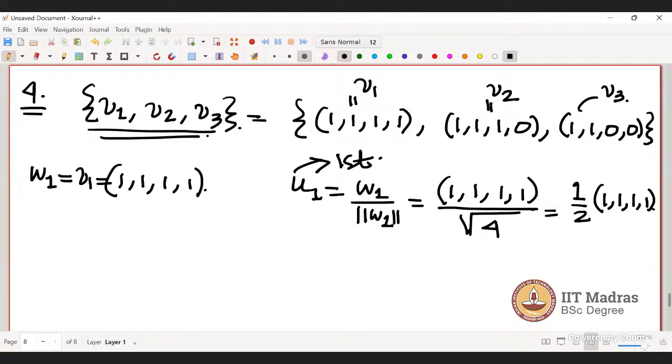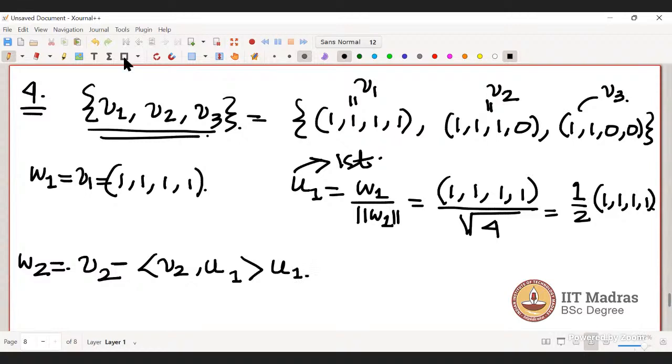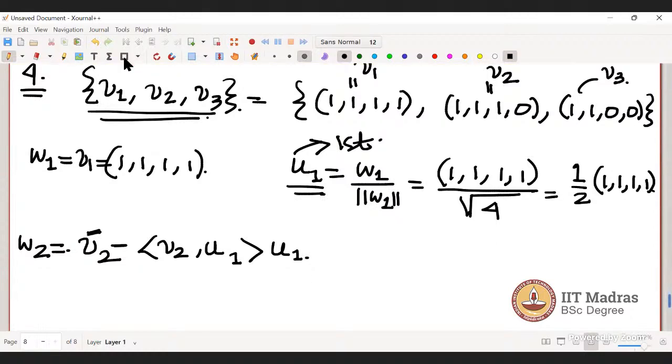Next I need to find W2. How do I define W2? W2 is V2 minus the inner product of V2 with U1, times U1. I know U1 and I know V2, so I just need to replace the values.